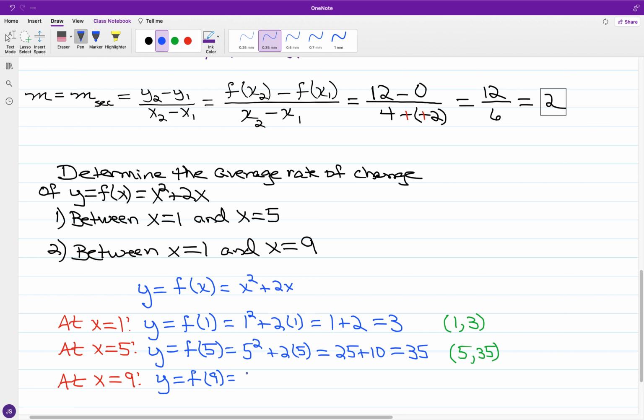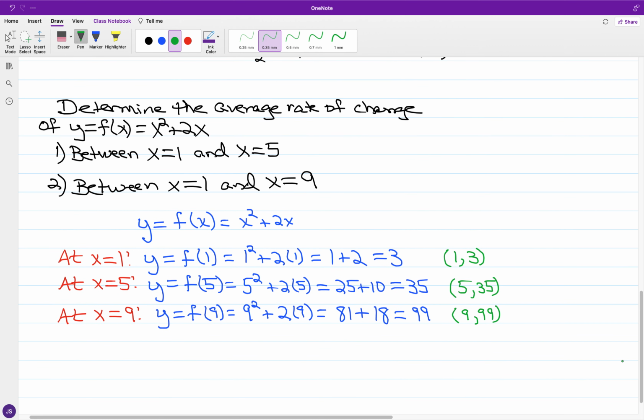For x squared, this is 9 squared, and 2x becomes 2 times 9. 9 squared is 81, added to 2 times 9, so 81 plus 18, which is 99. So the 3 points we have on the graph y equals x squared plus 2x are 1, 3, 5, 35, as well as 9, 99.